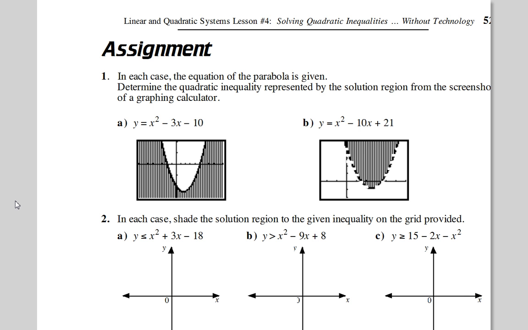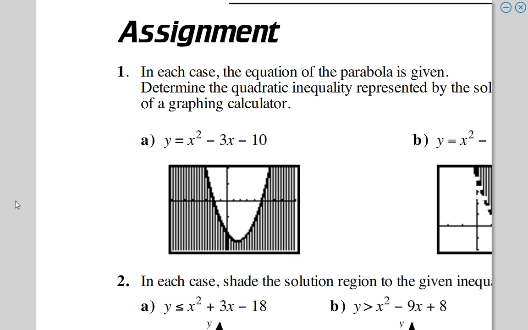Okay, let's take a look at this homework. Looking at the first one, above or below? Is the line dotted or full? Full. So we say y less or equal x squared minus 3x minus 10. Test 0, 0. 0 less or equal to negative 10.